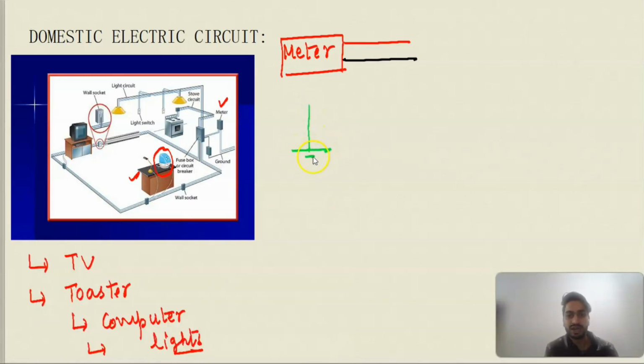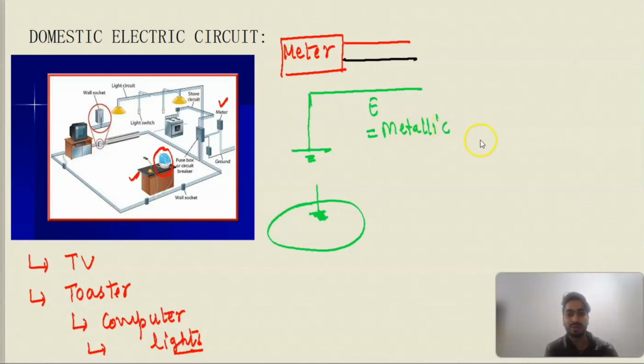Basically, earthing is a wire which is deep inside the earth, or there is a metal plate inside the earth. Suppose this is our earth. We have buried a metal plate inside that, and we have connected one wire. The color coding we are taking for that wire is green. This green wire, which is called the earthing wire, is connected to the metallic body of appliances, right?